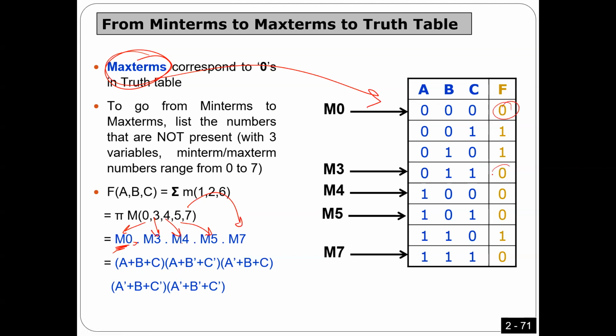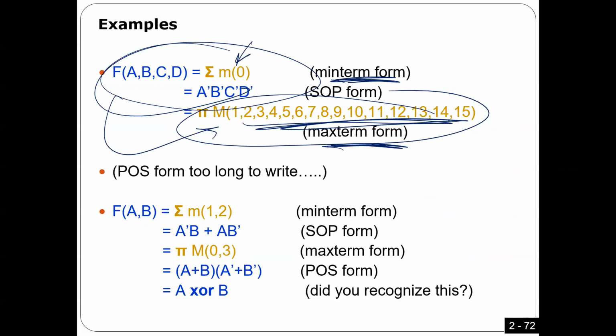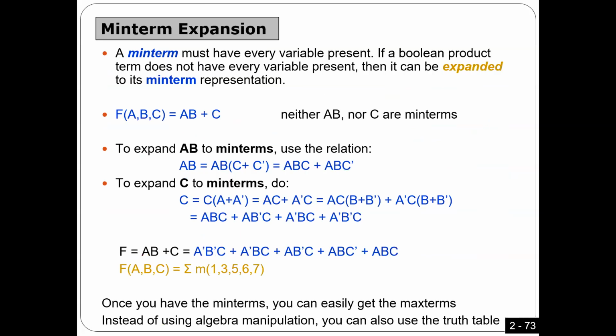And then you can go to this location, you need to put zeros. Again, this is not simplified. You can simplify it later, but what you're gonna get here is not simplified, okay? You can do the simplification after you get the function. Any questions? So you know the meaning of min terms, max terms, and so on, okay?